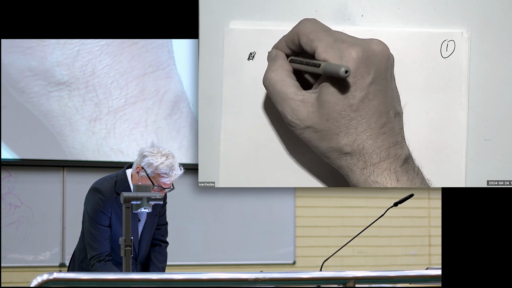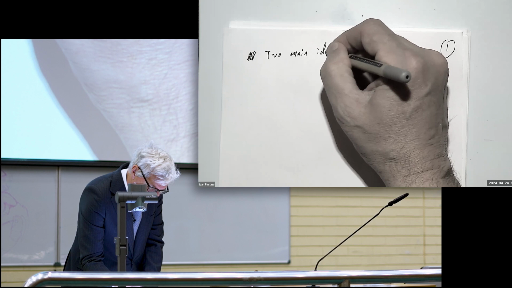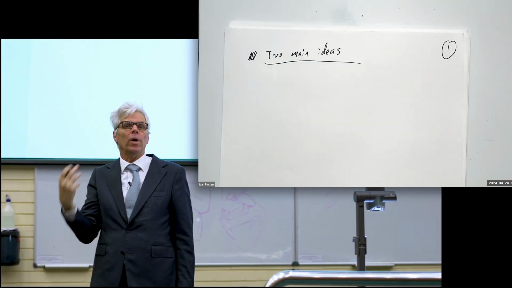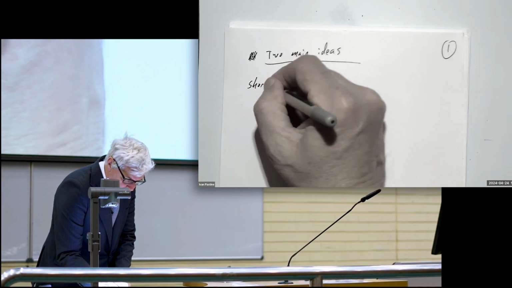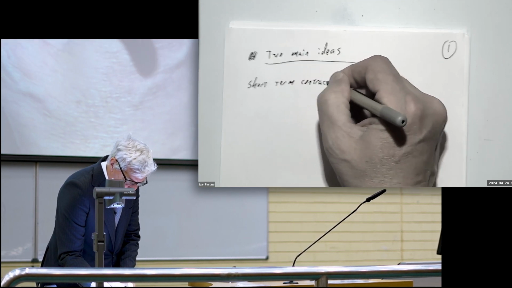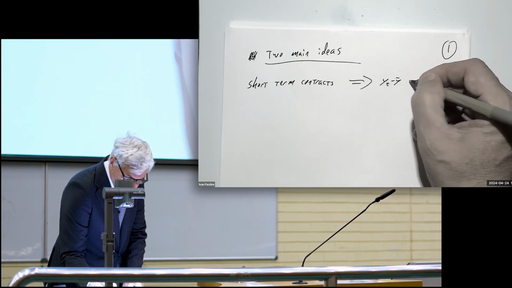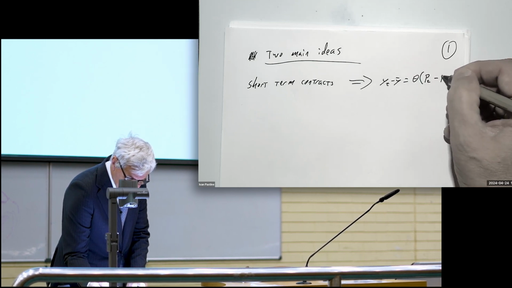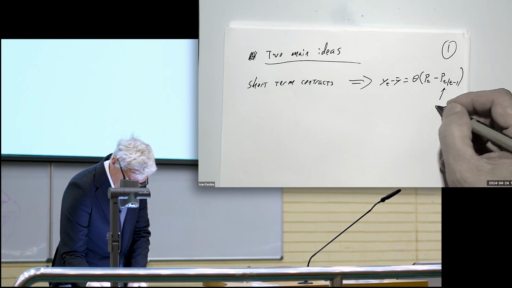So we have two main ideas here. The one is that we've got these wage contracts, right? So we have short-term contracts. And these are y_t minus y bar is something like theta times (p_t minus p_t given t minus 1).